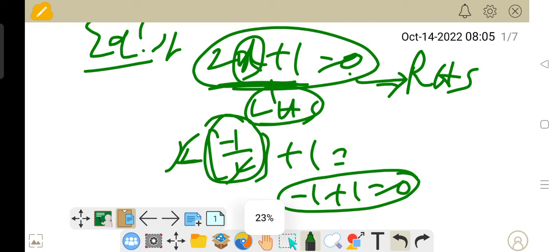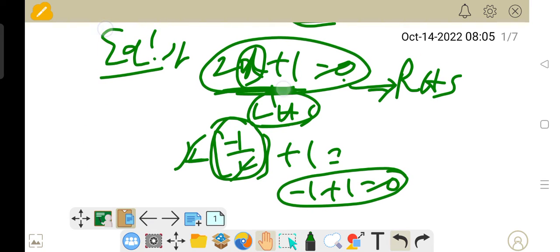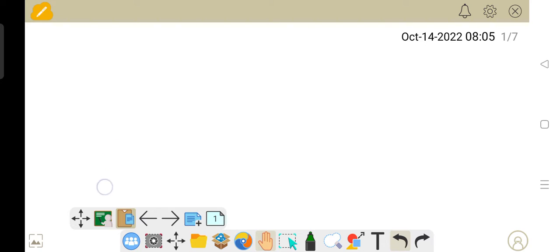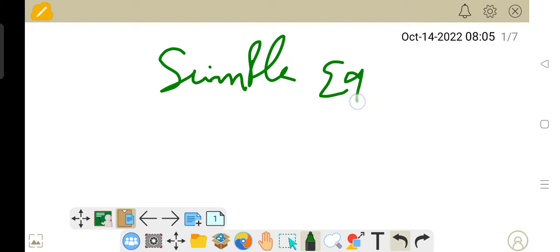Okay. Here we have the chapter simple equation. Simple equation means an equation in one variable. Equation in one variable means the equation contains x only, or y only, or a only, any one variable only is allowed.